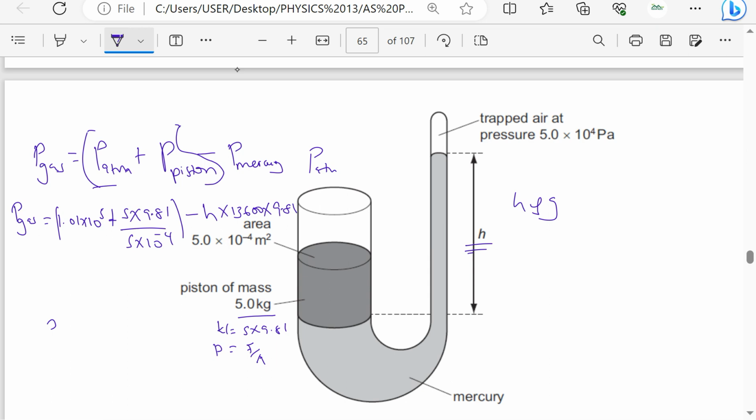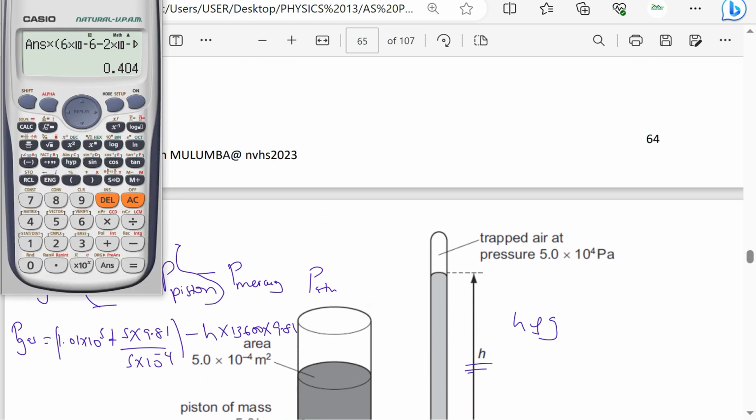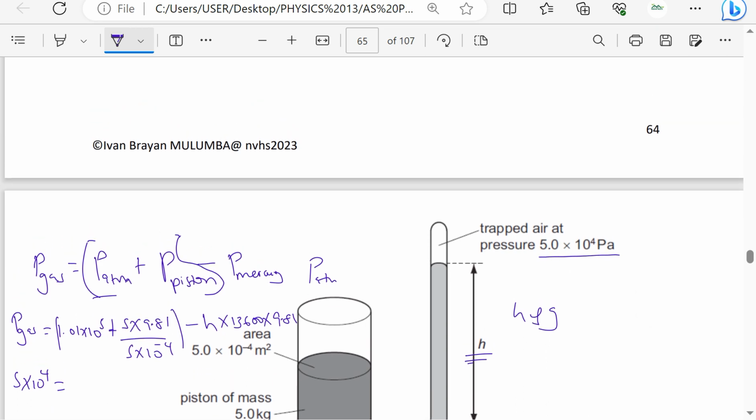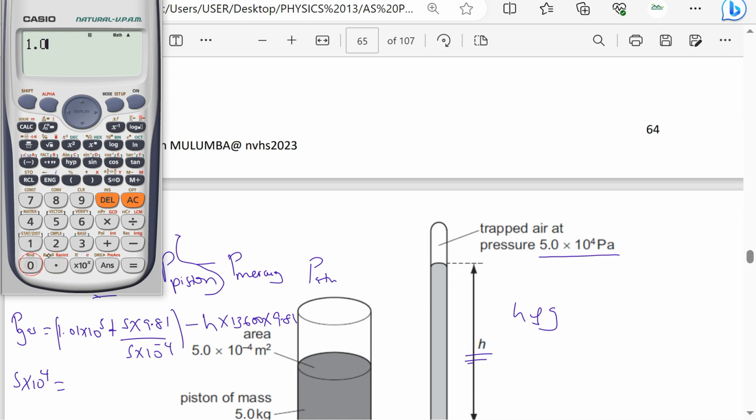So I just simplify this using my calculator. On the left-hand side, I have the pressure of the gas, 5 times 10 power 4, which should be equal to, let me start with the fraction, 5 times 9.81 divided by 5 times 10 power minus 4, plus 1.01 times 10 power 5.